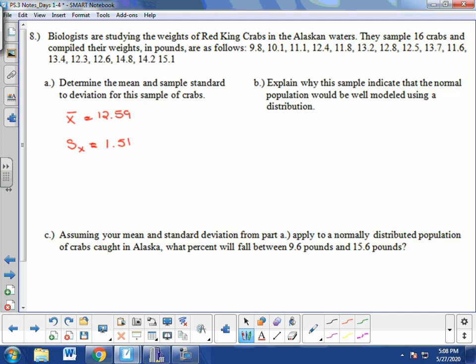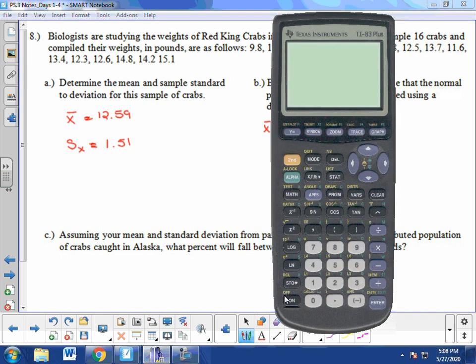using the sample standard deviation what percentage of weights is going to lie within one standard deviation of the mean. So what I would do is take x bar, which is the mean, minus s sub x, our sample standard deviation.